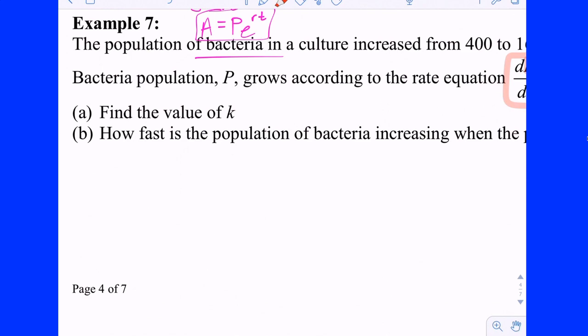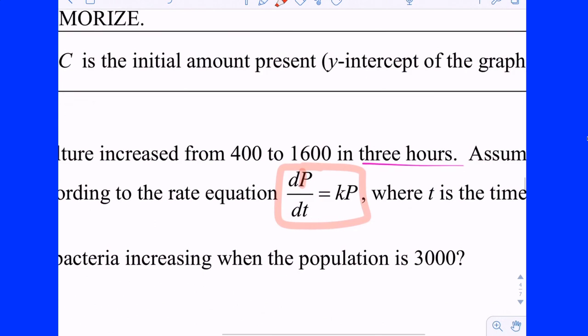So here's where they force you to use the sect equation, because let's take this problem from a pre-cal perspective. If I just told you to write an equation, you know in 3 hours it went from 400 to 1,600. That increased by a factor of 4, so it quadrupled.